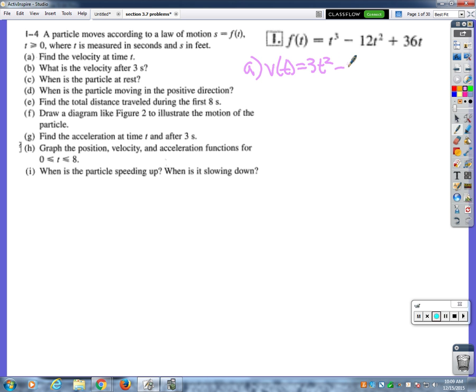Minus 24t plus 36. Okay, what is the velocity after 3 seconds? I feel like maybe -9.